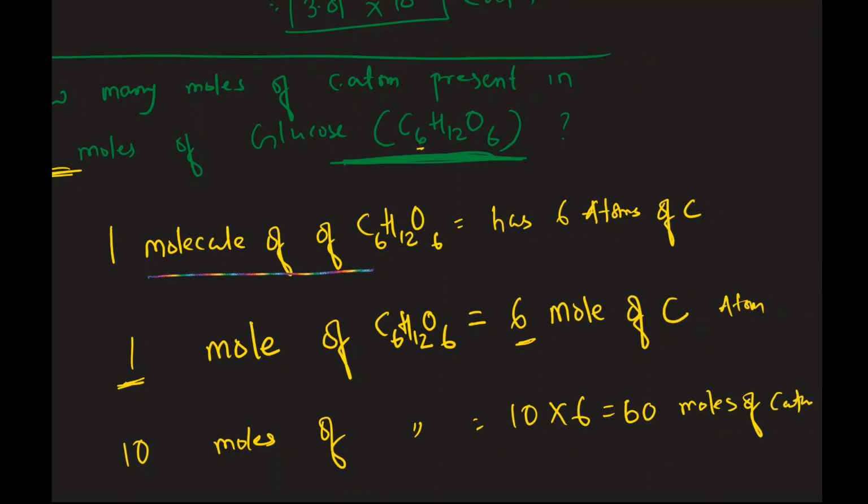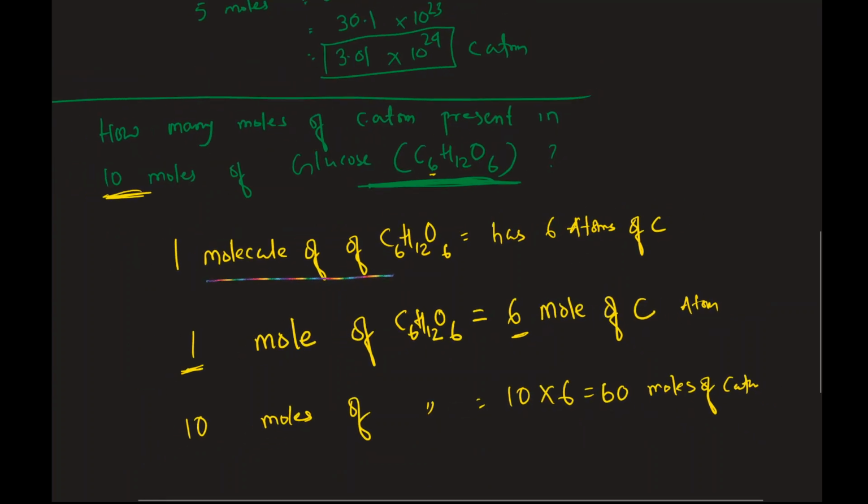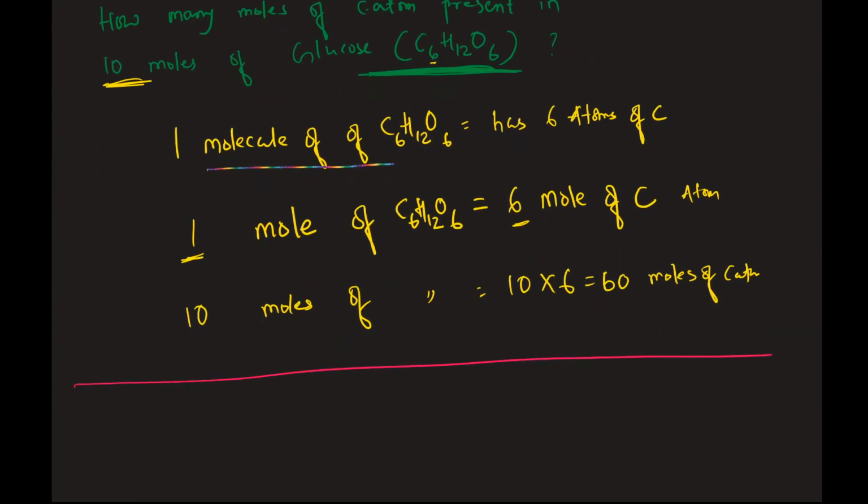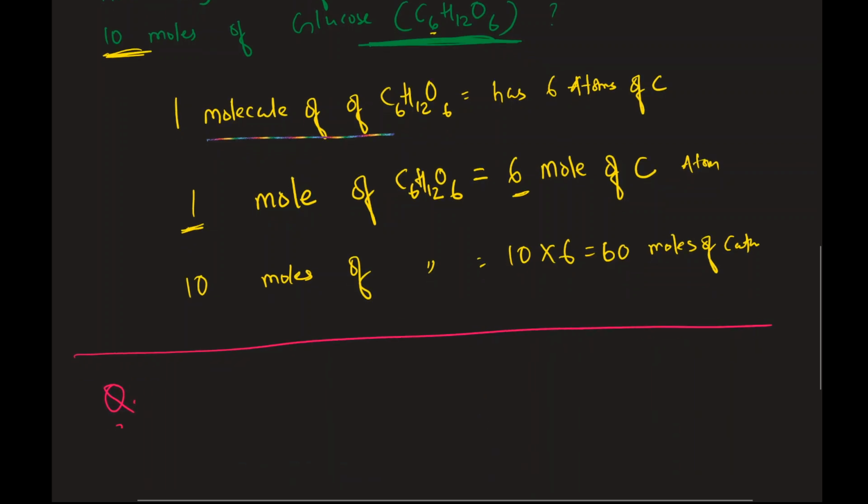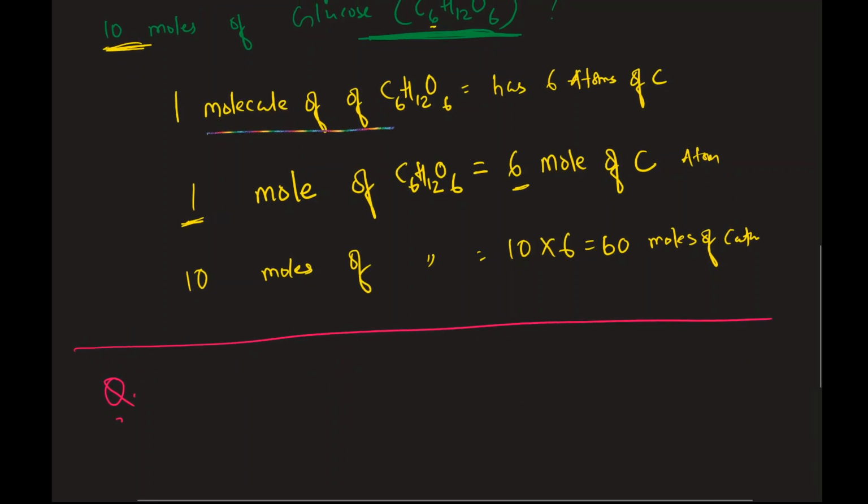Okay, try to do one last problem by yourself. Question. This one you should do at home. The formula for vitamin C, you guys take vitamin C pills, is C6H8O6.